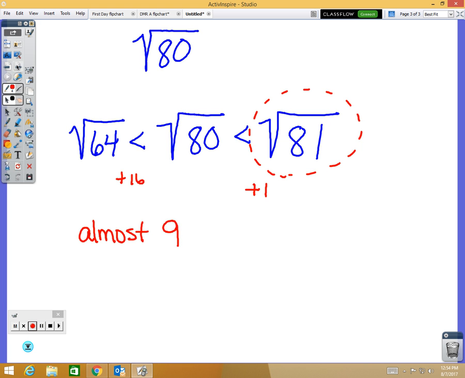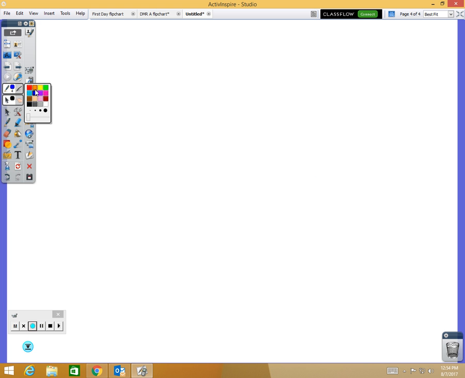All right, let's try another one. How about the square root of 40? So don't say anything out loud yet. Let everyone think about which two numbers they think it comes in between. All right, and then tell me, what do you think?